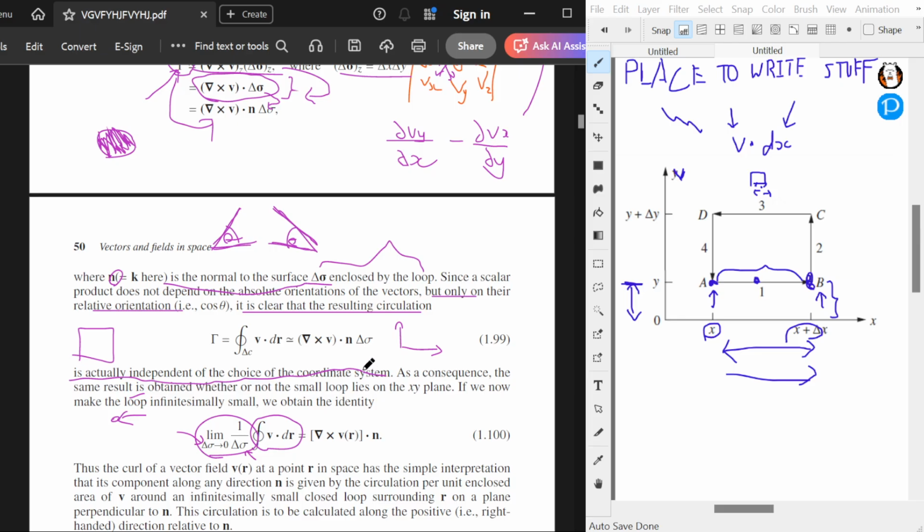Let's just continue. Right now we have this equation. Makes sense. So we're just moving this across. So we have the curl of v dot n equal this.